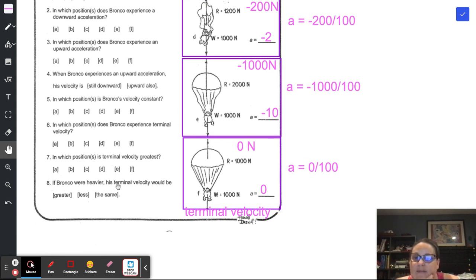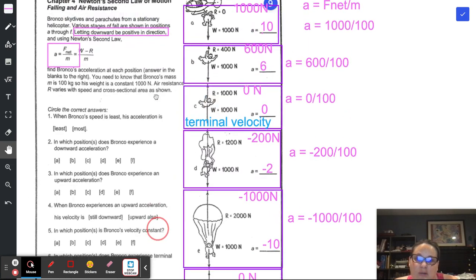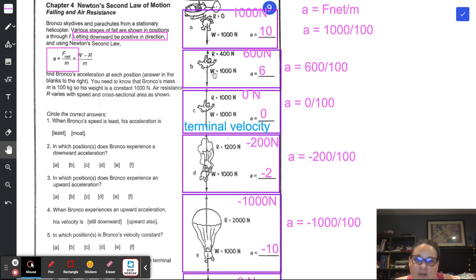If Bronco were heavier, his terminal velocity would be greater, less, or the same. If he were heavier, the number that would change would be the weight number, so the W would be a bigger number. What this means is that when he is falling and he reaches whatever this velocity is at position C, he won't be at terminal velocity yet because the weight will still be bigger than 1,000.